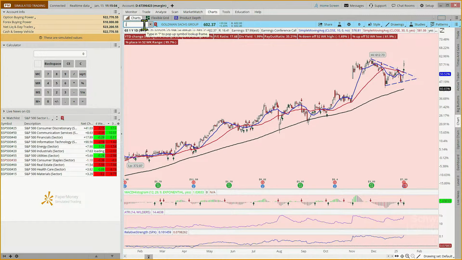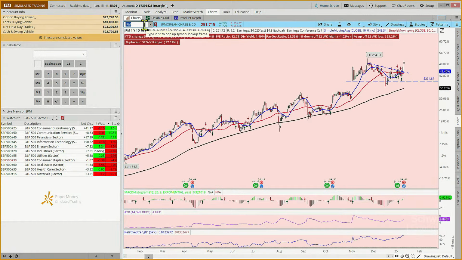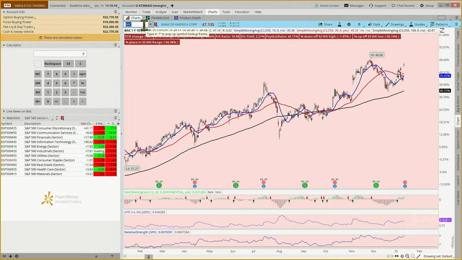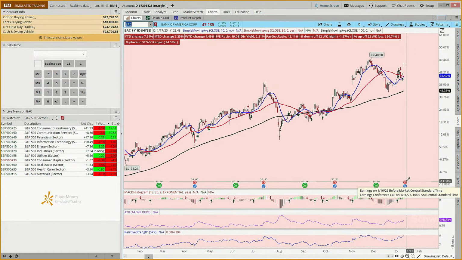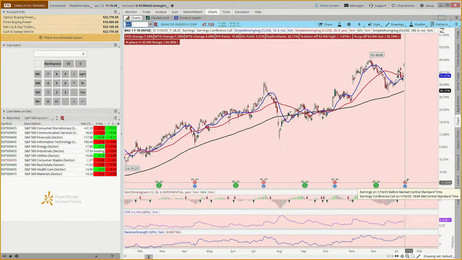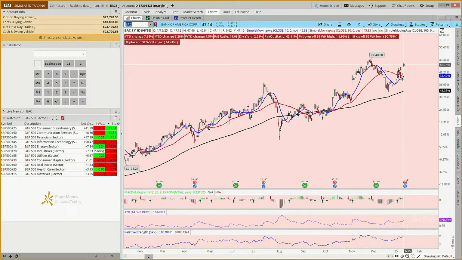But Goldman Sachs came with earnings, JP Morgan, and I think we're seeing a lot of stocks in this sector starting to move in sympathy. Look at Bank of America today, and it hasn't even had its earnings report yet. That's tomorrow. So, kicking off the earnings season.